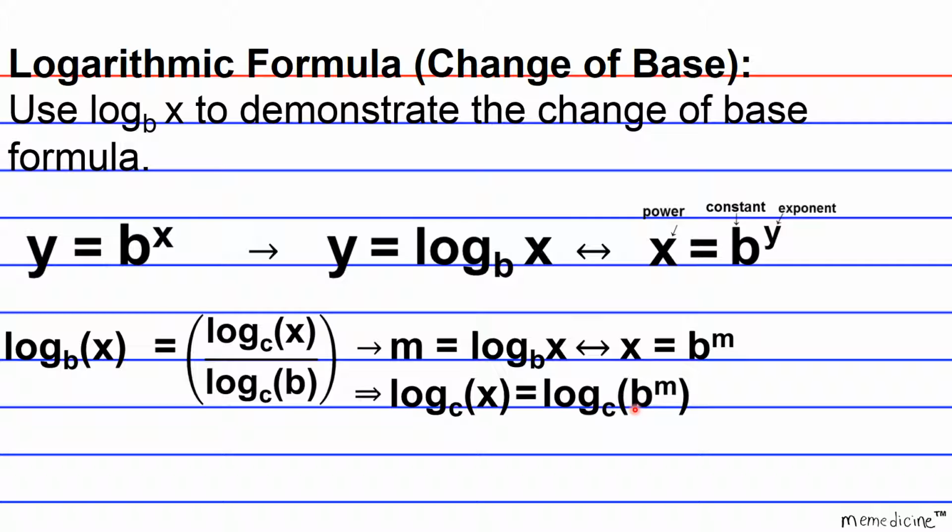Okay, so let me show you what I'm talking about. So the log base c of x basically is going to be equivalent to m, which is the value of the exponent, times the log base c of b, okay?